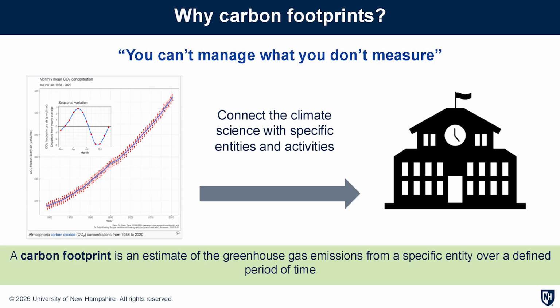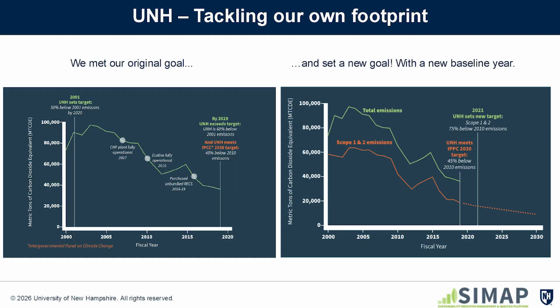And so at UNH, we have taken the idea of a carbon footprint very seriously for a long time. Back in the late 90s, when the Kyoto Protocol was being negotiated, the debate at the time was, can the US afford to care about climate change or meet carbon reduction targets?